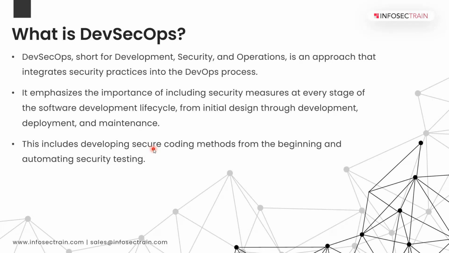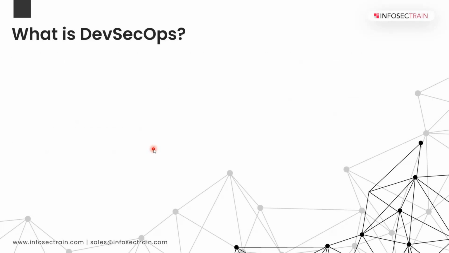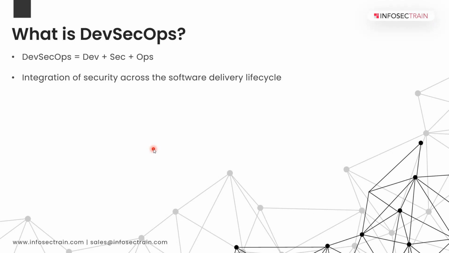Yeah, and this is the crux. DevSecOps is nothing but Dev plus Sec plus Ops: development, security, and operations. We will be integrating the security across the entire software lifecycle, and dealing with this shift left approach. So what is this shift left approach?